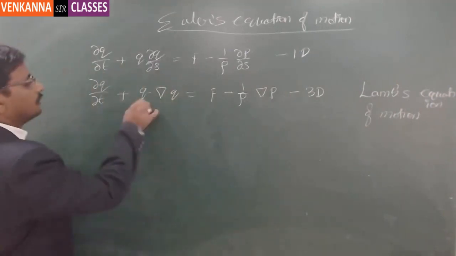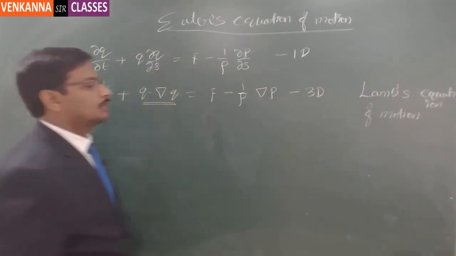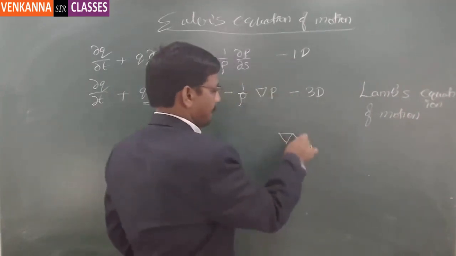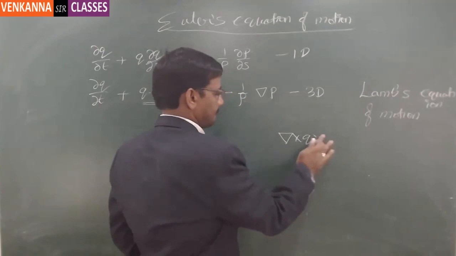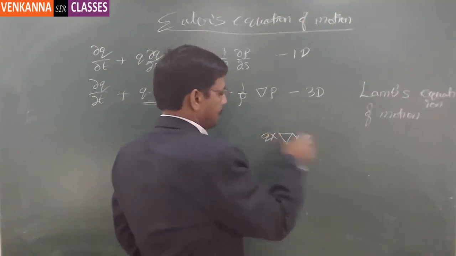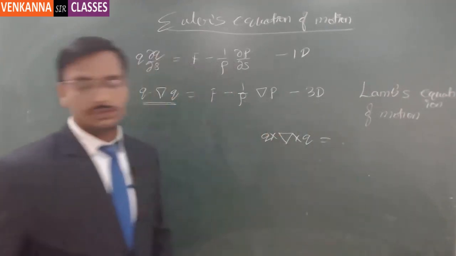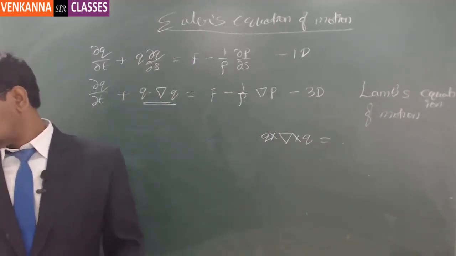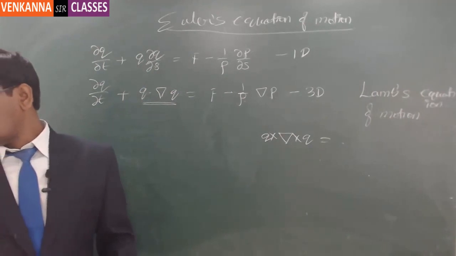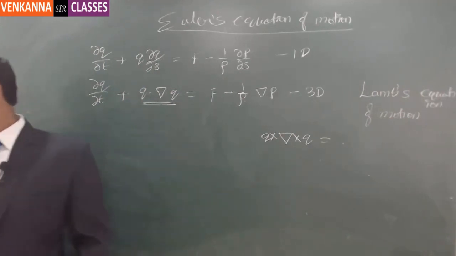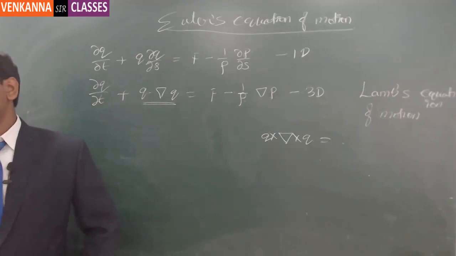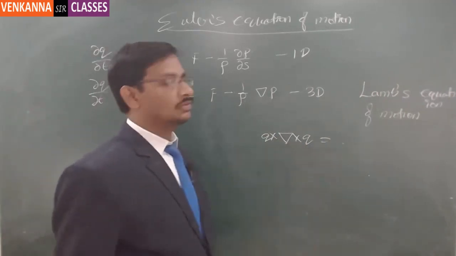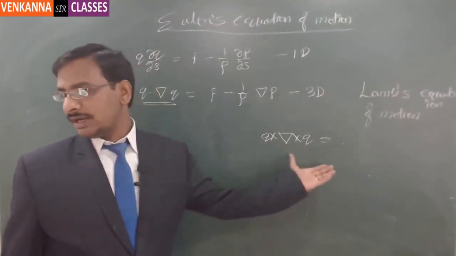Now here, this component, right? You might be aware what is q cross del cross q. Yeah, you need to remember the derivation also. So this is q cross del cross q.